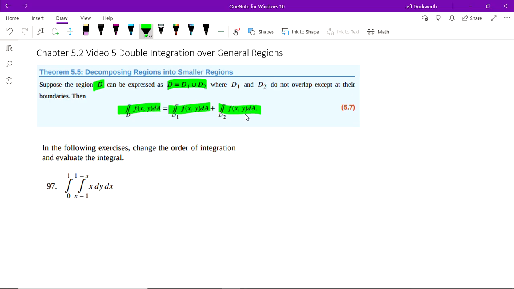All right, so let's do this number 97 here. Let's draw a little graph. All right, so we've got two functions here.